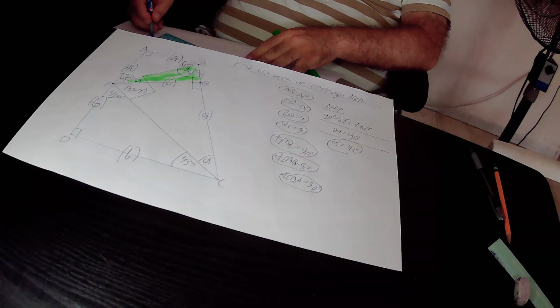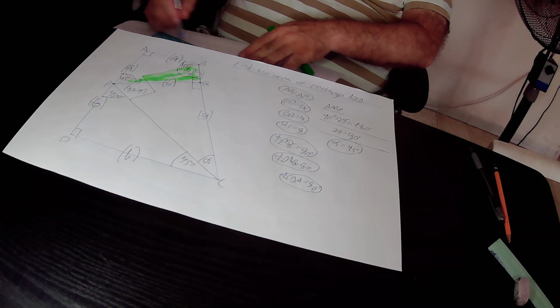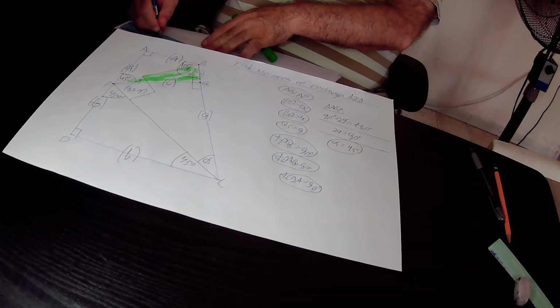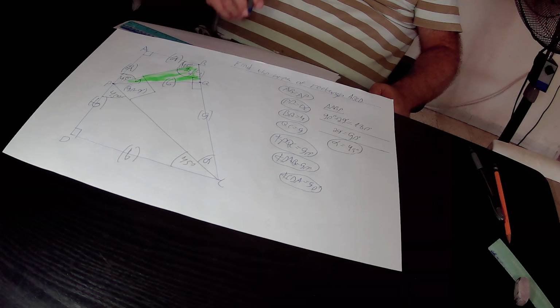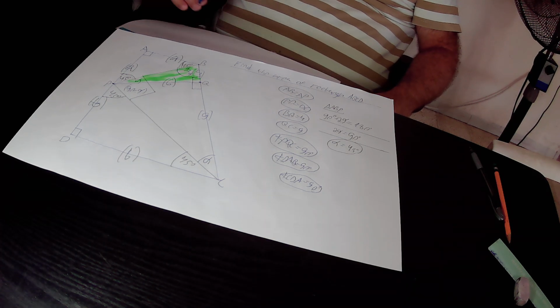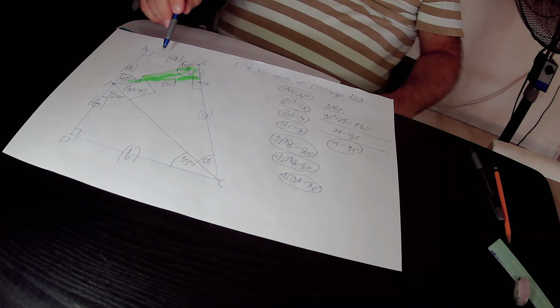Actually, the area of trapezoid ABCD is equal to the sum of the areas of the three components that the trapezoid ABCD consists of.